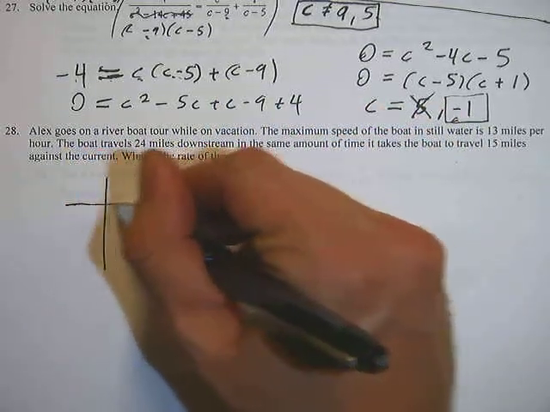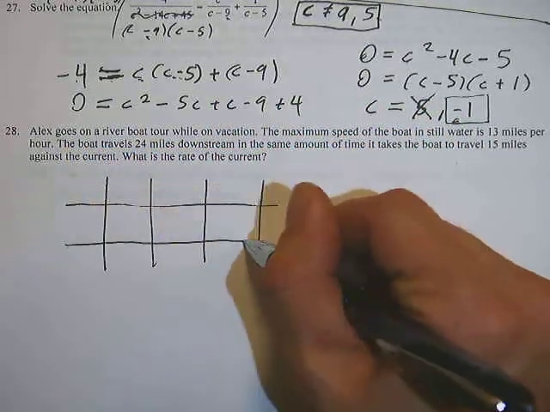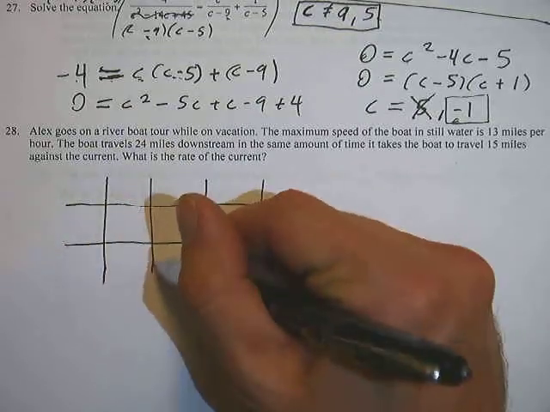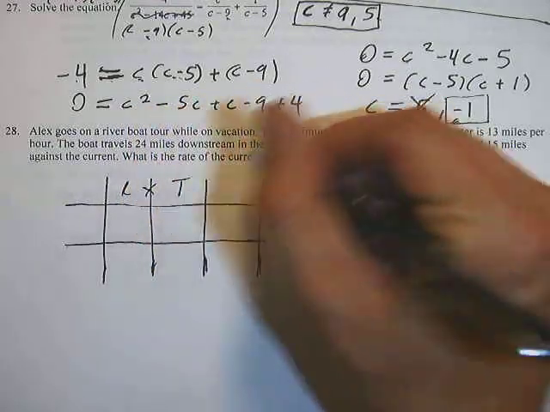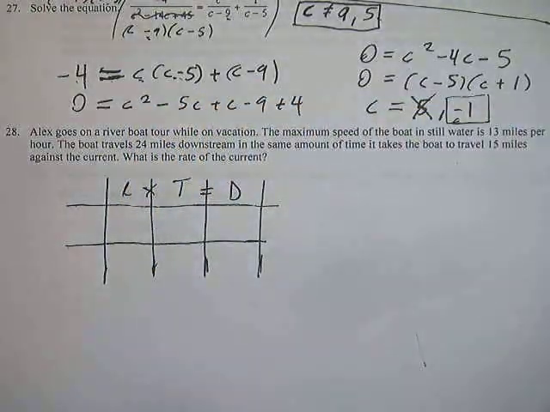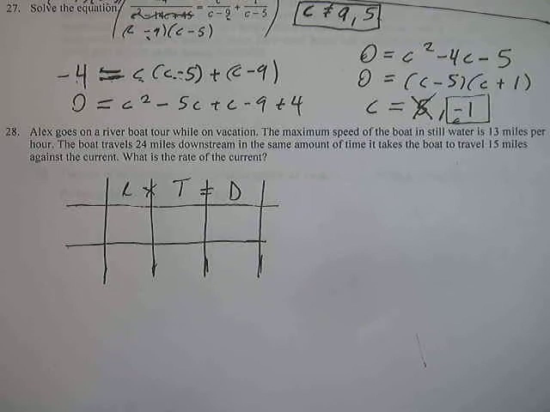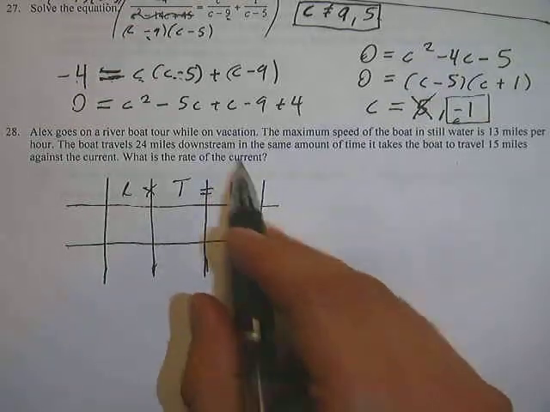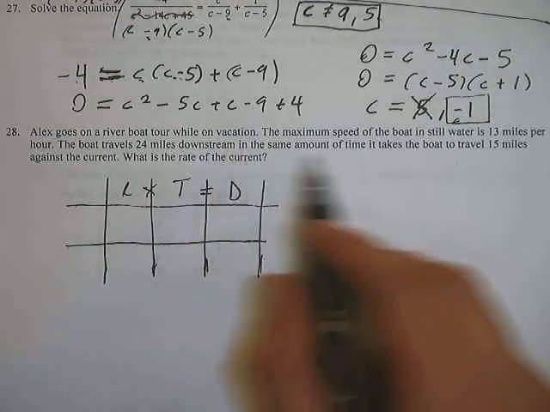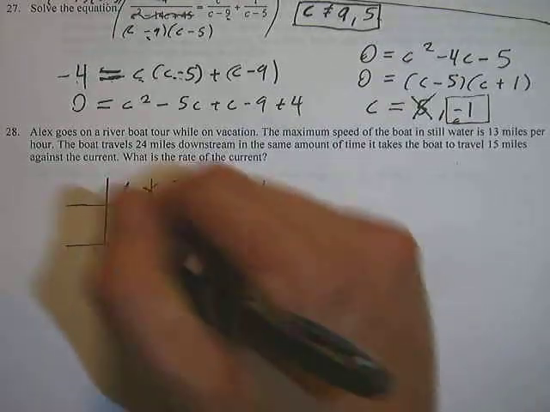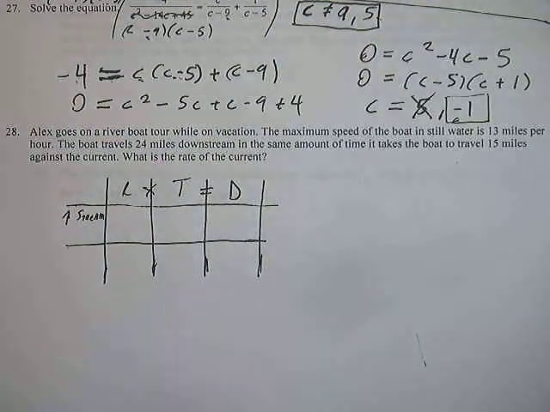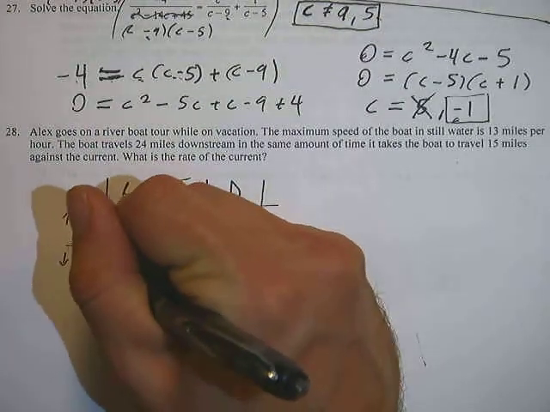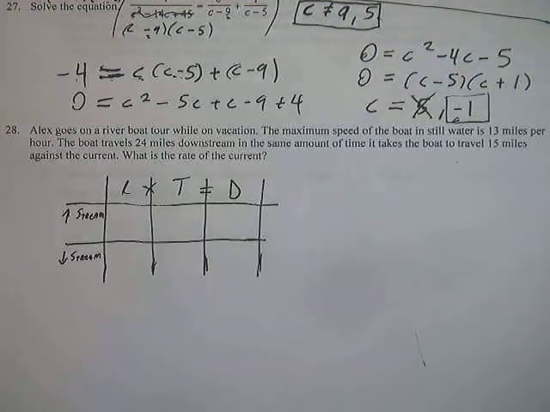So what we want to do is make a little table here. And I like to make a table that looks like this. And inside the table, I like to write the equation rate times time equals distance. And so we've got downstream and upstream.